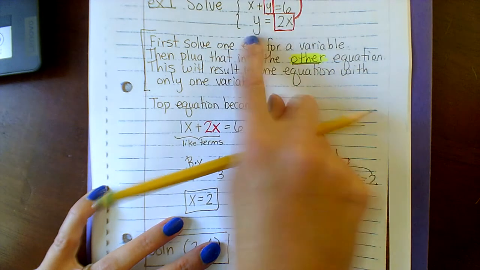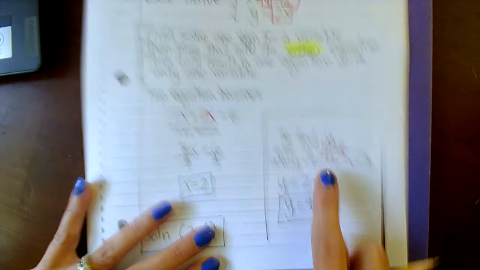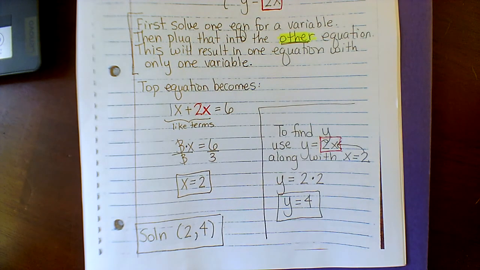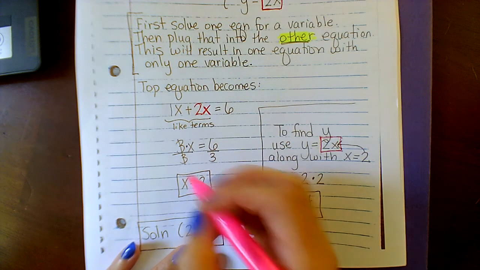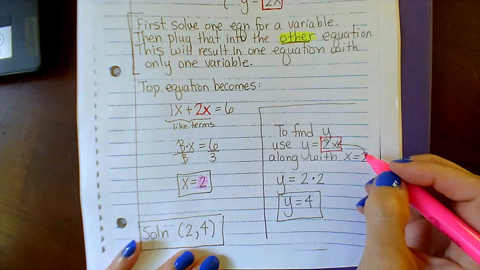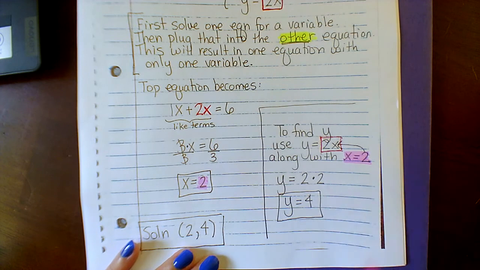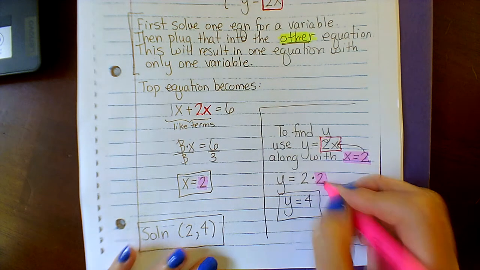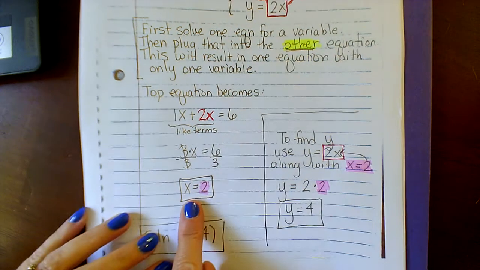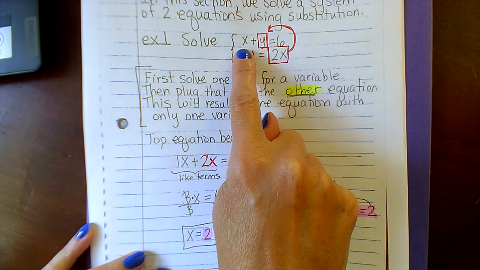This part up here where we already had it solved for y, we're going to use that. I'm going to use this answer of 2 and substitute it in for x. Now, you could substitute 2 up here in for x, right?